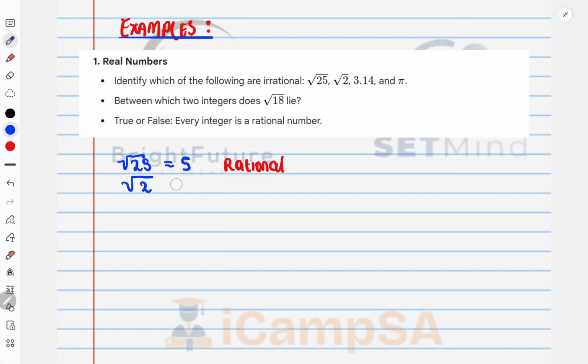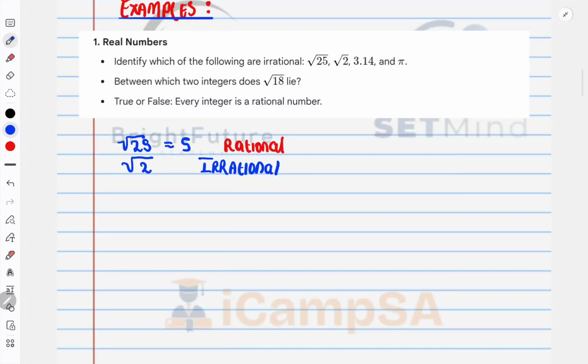Root of 2 is irrational. Okay, and then we have 3.14, which can be written as a fraction of 157 over 50, meaning it is rational.